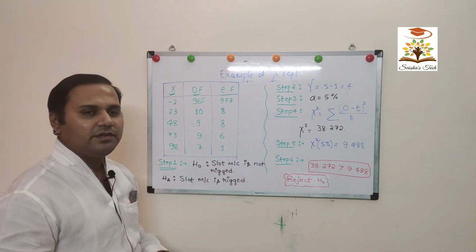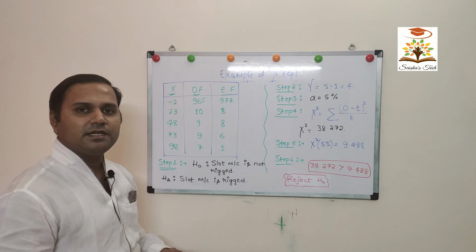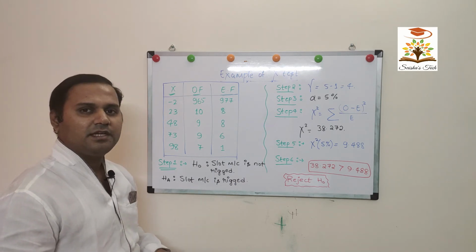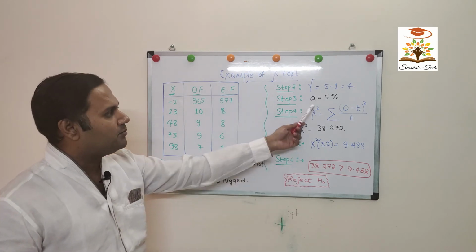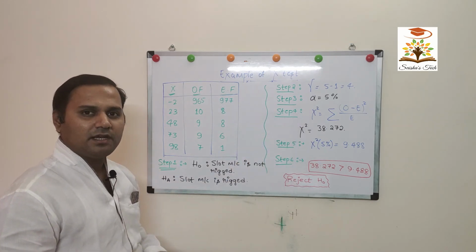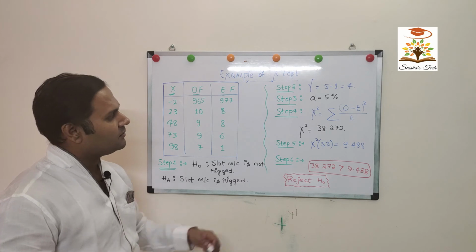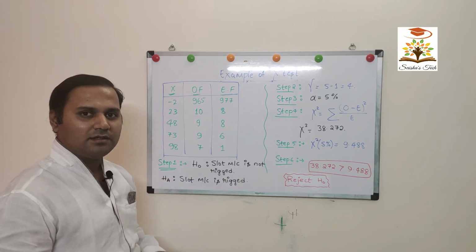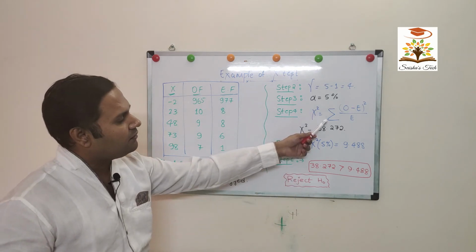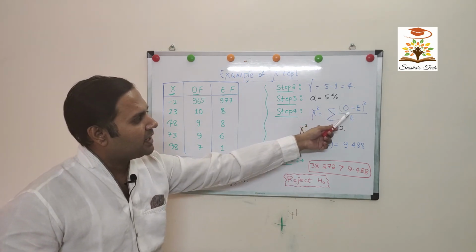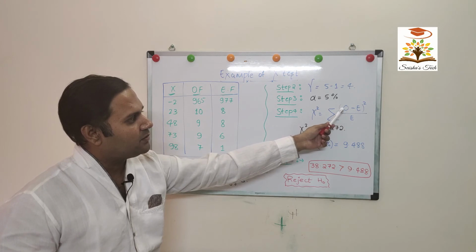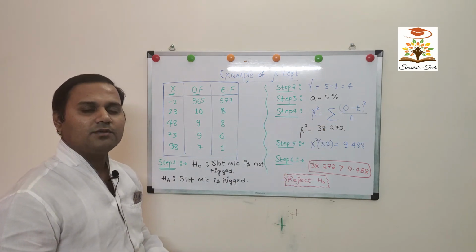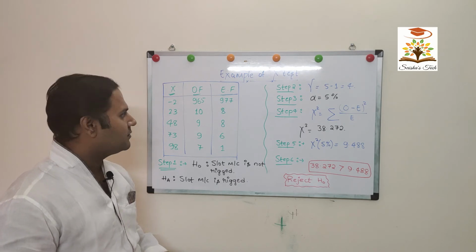In step 3, we are choosing a certain level of certainty for our null hypothesis. Here we are considering 5% as our alpha level. In step 4, we are utilizing the chi-square formula, that is the summation of (observed minus expected) the whole squared divided by expected, to calculate the value.